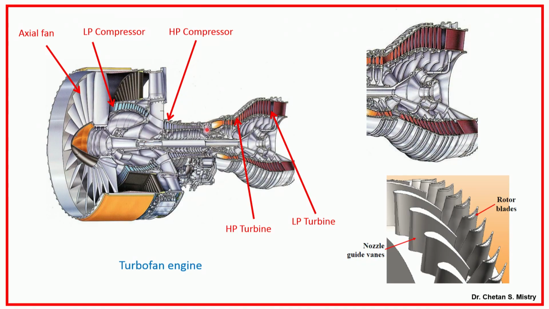To have that higher pressure ratio, the rotor needs to rotate at very high speed, and that is accommodated by a few stages of HP turbine. Here we have two stages of HP turbine.